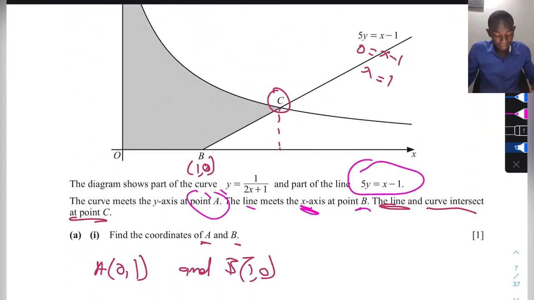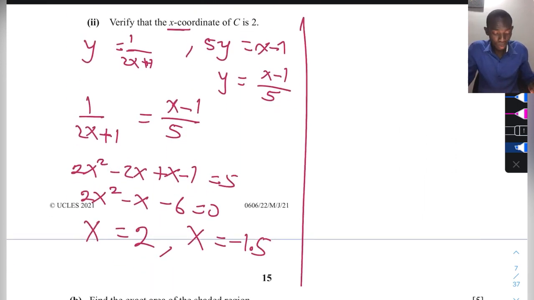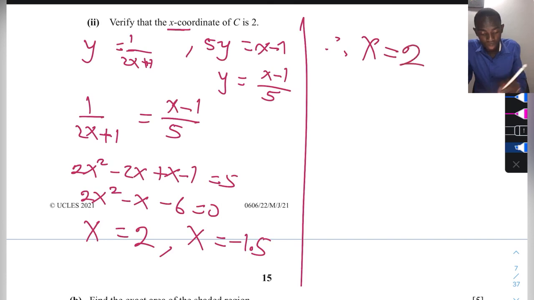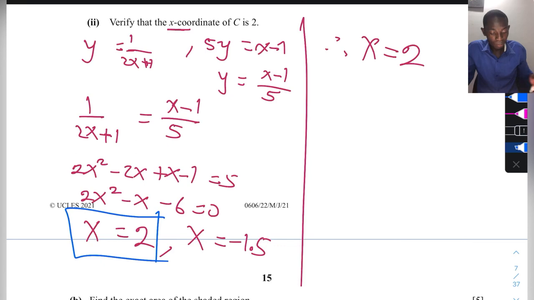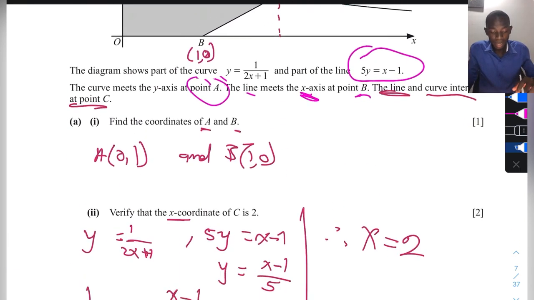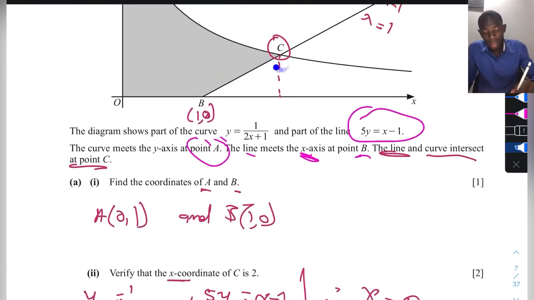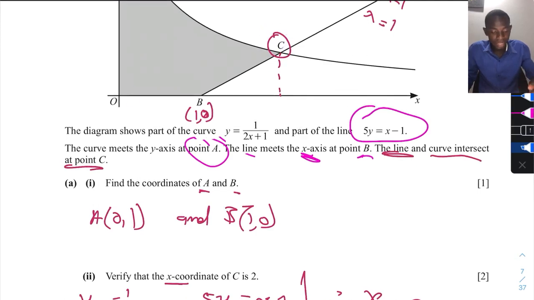Well, come back. If this is 0, it means all the values to the right of 0 are positive. So you can show that, therefore, x equals 2. You choose the positive one, because C happens to be on the right side of 0.